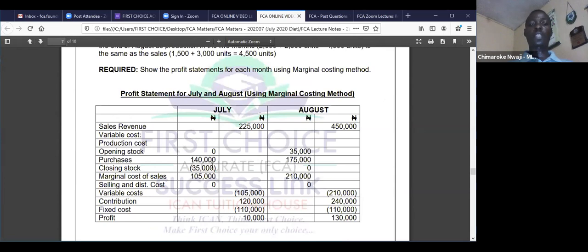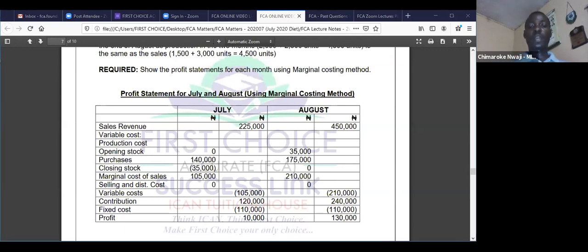So we are supposed to less the closing stock from the production cost. So we say 140,000 minus 35,000. What we get is 105. We were not given any selling and distribution costs, so if we add it, you're still getting 105, which is your variable cost here, brought to the other side.